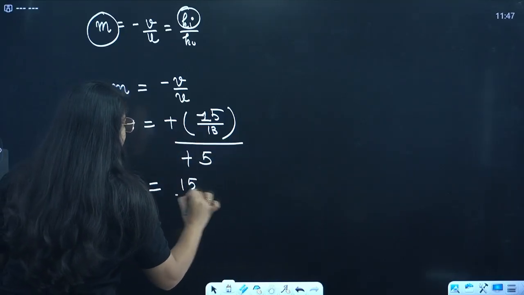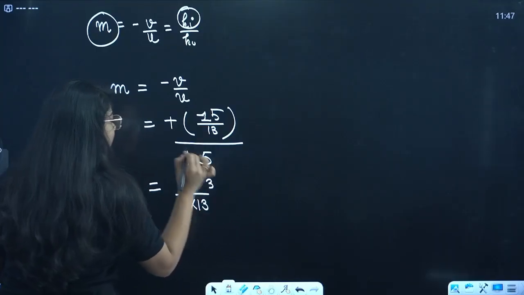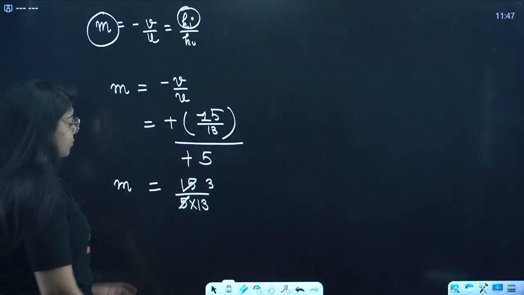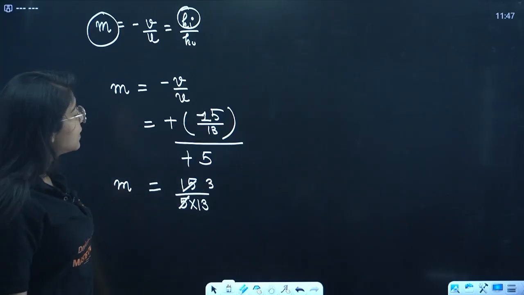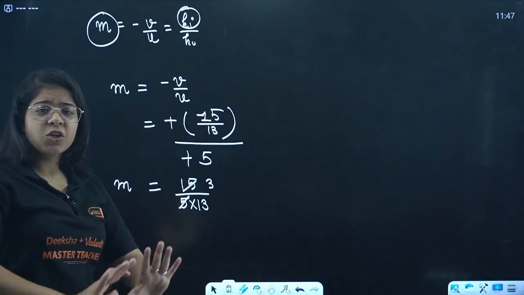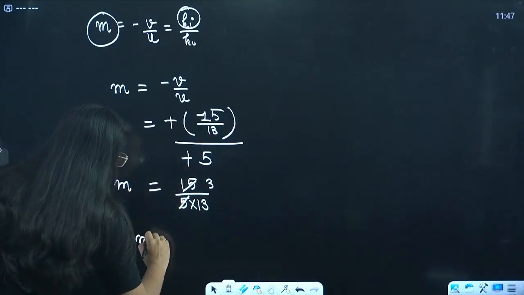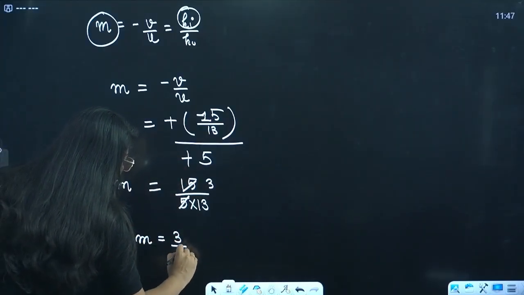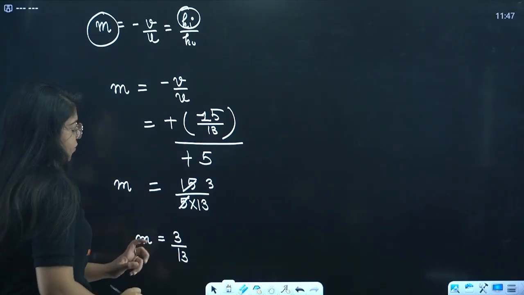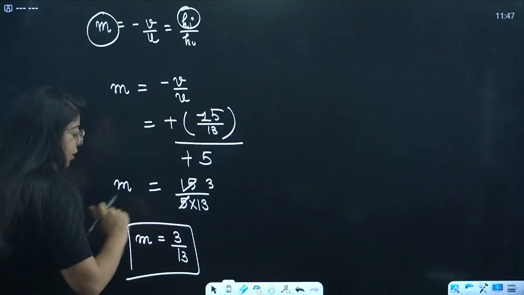This will be 15 divided by 5 into 13 and this will be 3. So magnification comes as 3 divided by 13. Understood? So this was your whole answer. Magnification is equal to 3 by 13. You can convert it into decimal or you can leave it here as well. There is literally no problem.